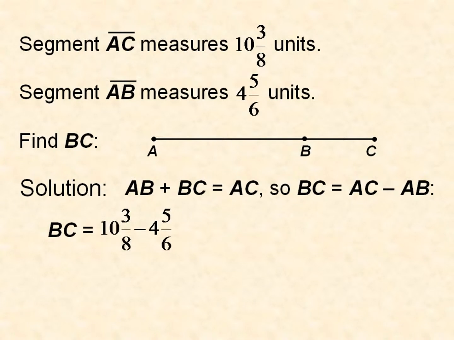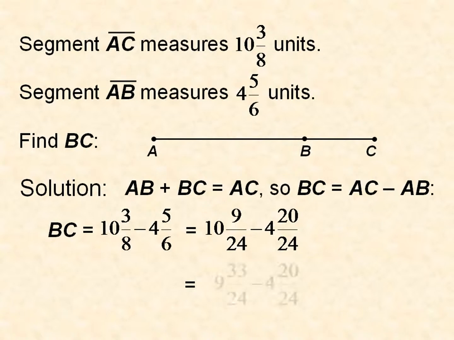We need a common denominator. Both 8 and 6 go into 24. So we rewrite 10 3/8 as 10 9/24 and 4 5/6 as 4 20/24. But 9/24 is smaller than 20/24.